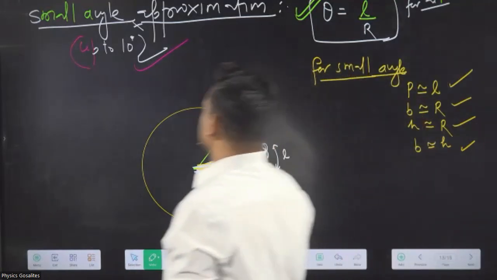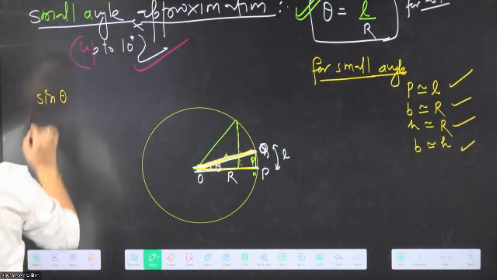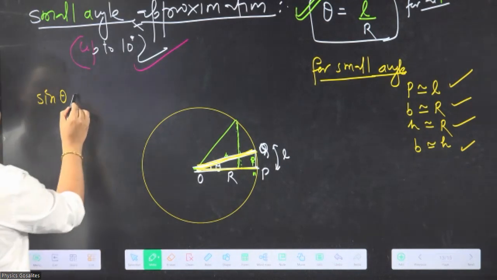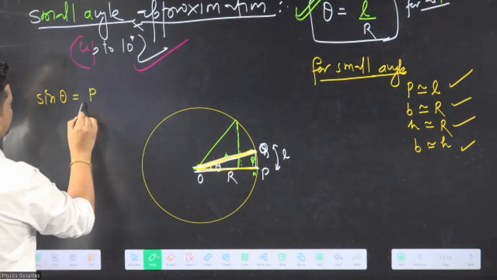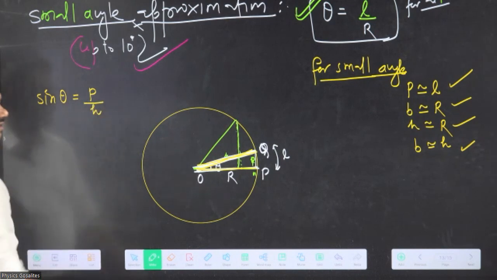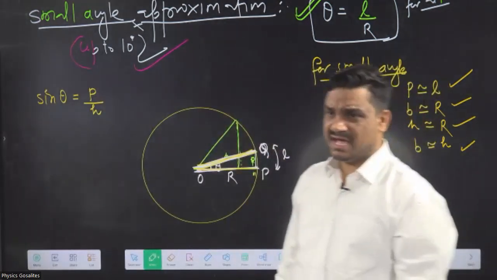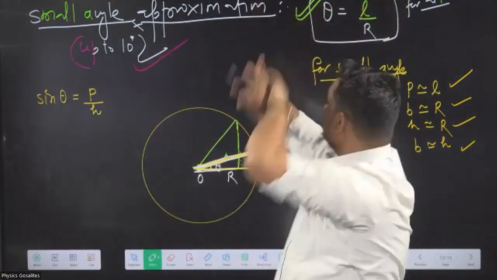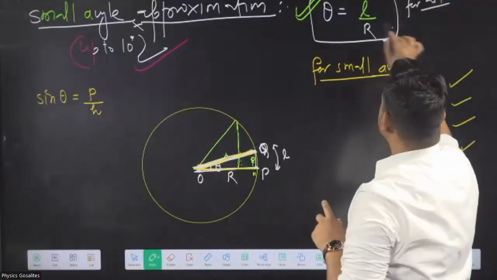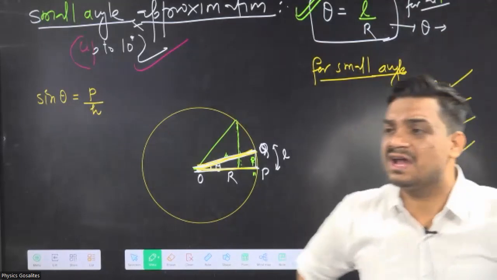Now, if I write sine theta here, you know sine theta equals perpendicular divided by hypotenuse, P by H. One more thing I will ask here: theta equal to L by R, arc by radius.